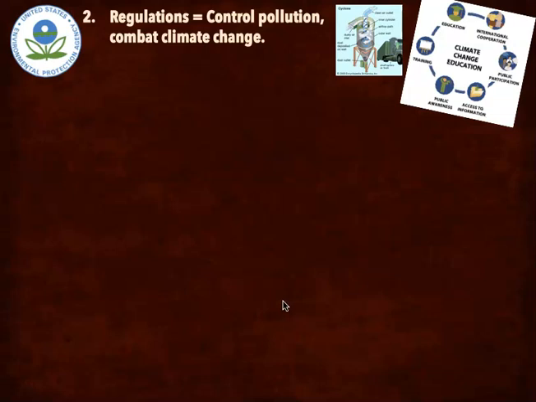Again, this always gets into some squishy ground. I mean, currently, our government is bringing down a lot of these regulations, bringing them to an end, saying that they've gotten in the way of businesses being able to function and profit.